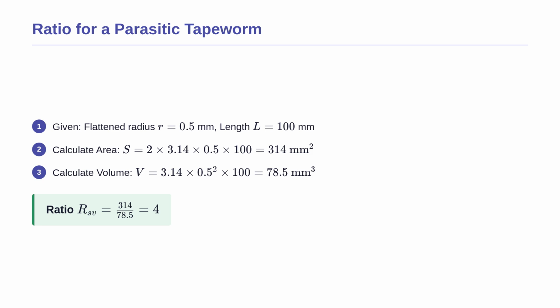Then we calculate its volume, which drops significantly to just 78.5 cubic millimeters. When we divide the surface area by the volume, 314 divided by 78.5, we get a final ratio of 4. Physically, this means the tapeworm has 4 units of absorbing skin for every single unit of internal body mass.